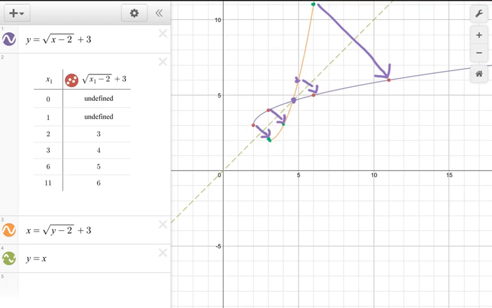Alright, so we see that these points are being reflected across the line y equals x, and that's going to be a really useful method for drawing our own graphs. We can also use this as a little bit of a check. So let me erase all this stuff on here.